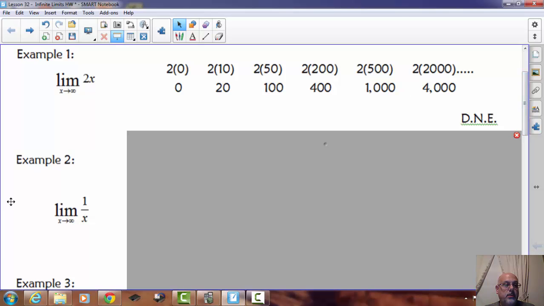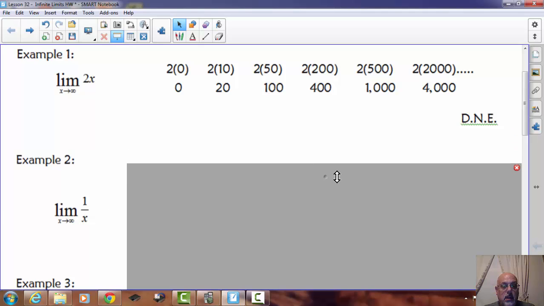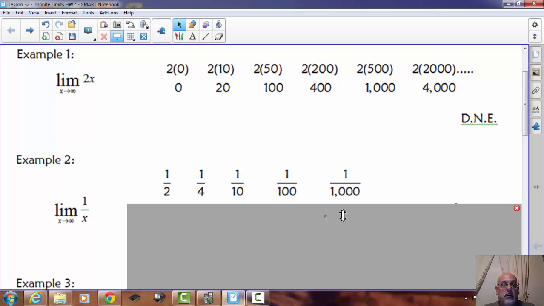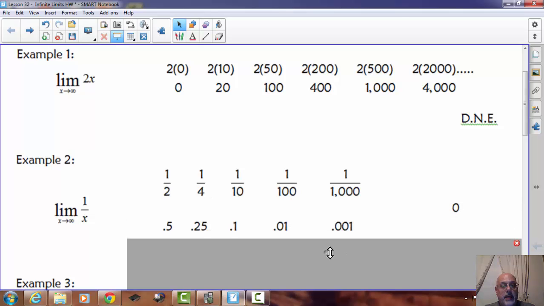Example 2, the limit as x approaches infinity of the function f of x equals 1 over x. I did a similar thing here. The number is going to be increasing because it's positive infinity, so I replaced x with 2, 4, 10, 100, 1,000. 1 over 2 is a half, 1 over 4 is 0.25, and so on.